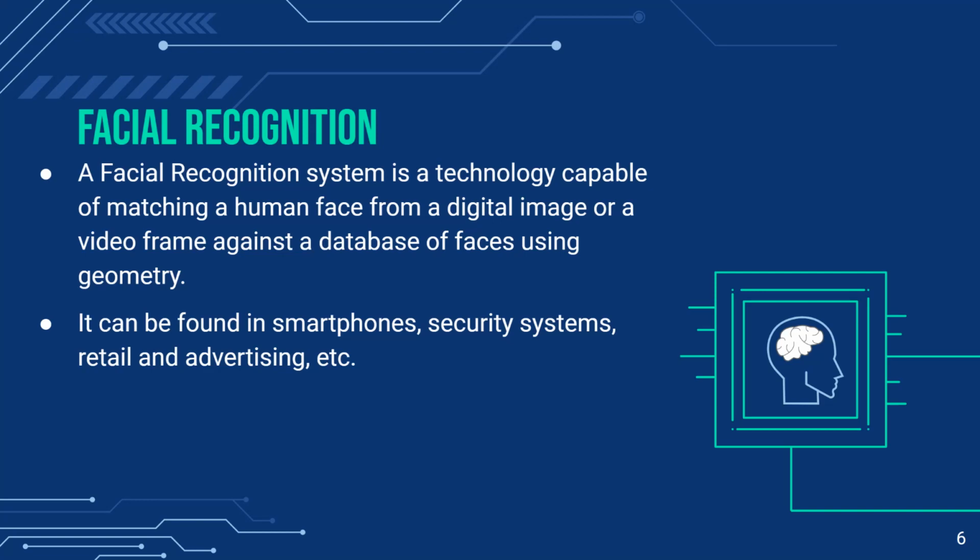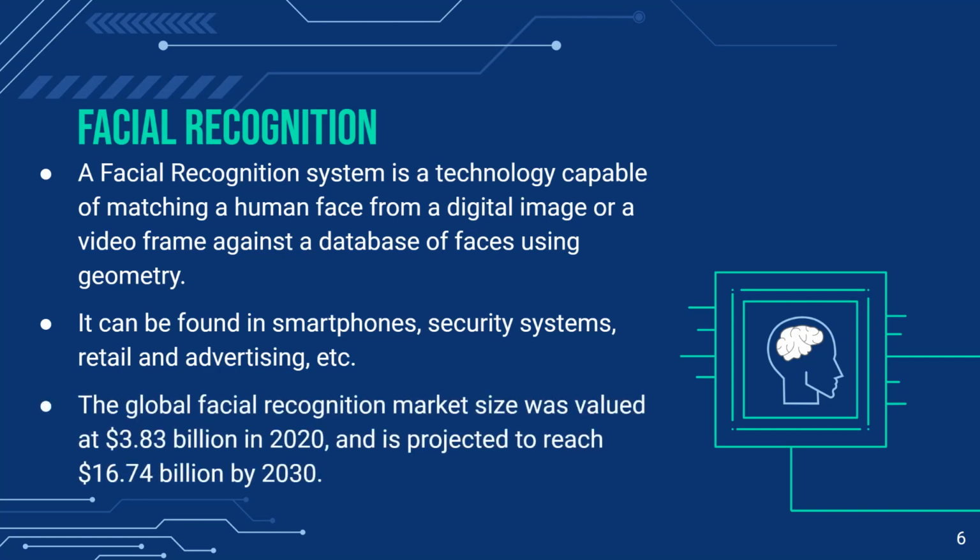I think the most popular one might be the smartphone because it uses your face to unlock phones. And to see the huge demand for this particular algorithm, the market was valued at 3.83 billion in 2020, and it's projected to reach 16.74 billion by 2030.